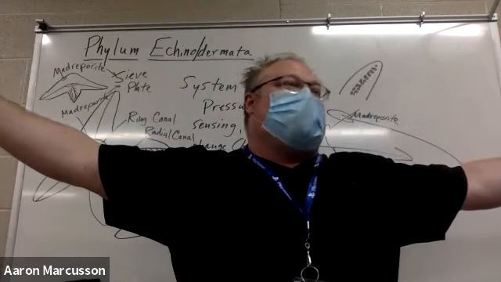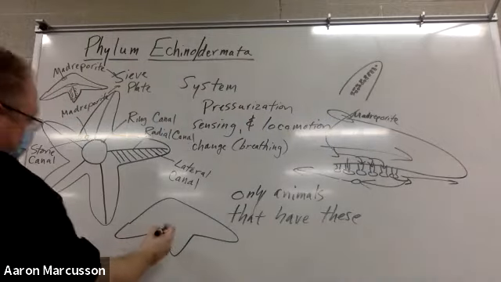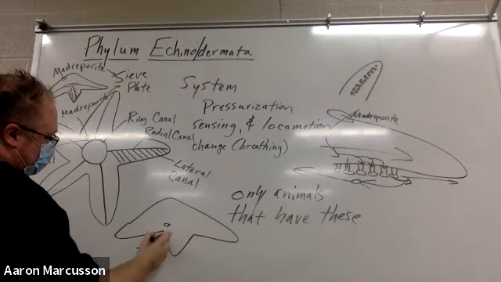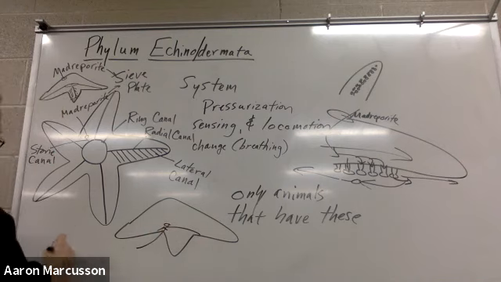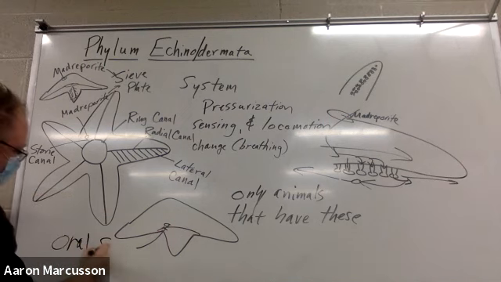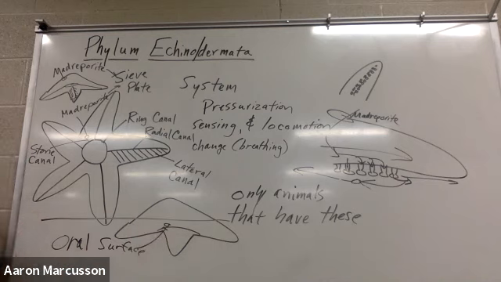Your belly button is your mouth, okay? So the mouth is up underneath the animal, okay? We call that the oral surface. Why oral surface? That's where the mouth is. Oral surface in this case is the bottom of the animal, okay?